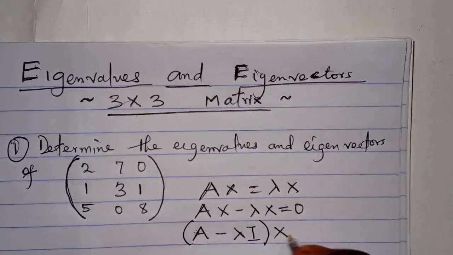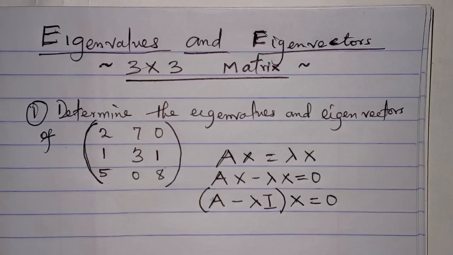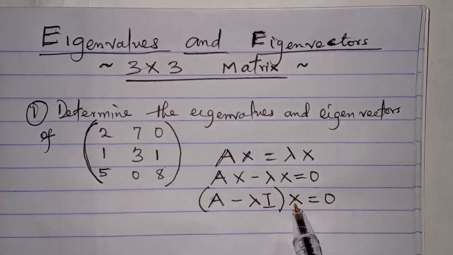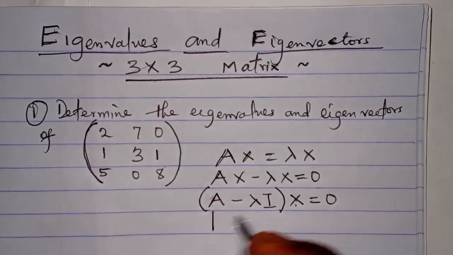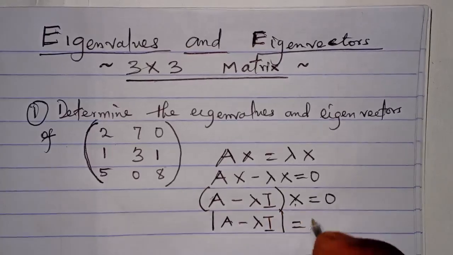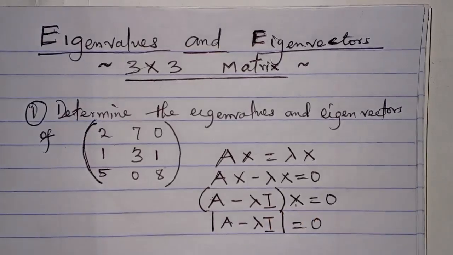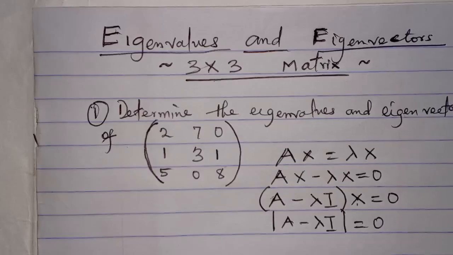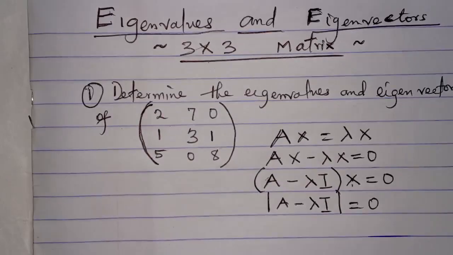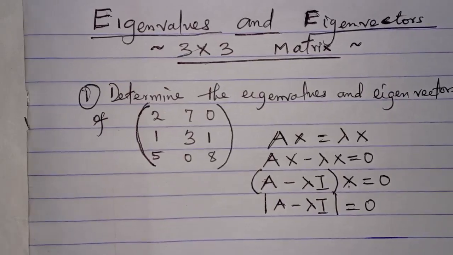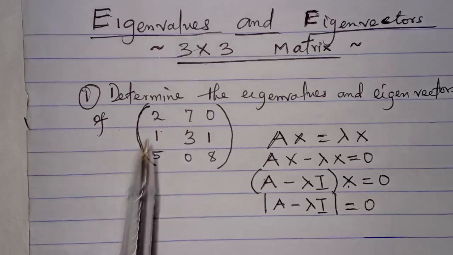And we said that for x not equal to 0, the determinant of A minus lambda I is equal to 0. And we call this the characteristic equation. So we are also going to make use of this to determine the eigenvalues and the eigenvectors of 3 by 3 matrices. All right, let this be the matrix A.